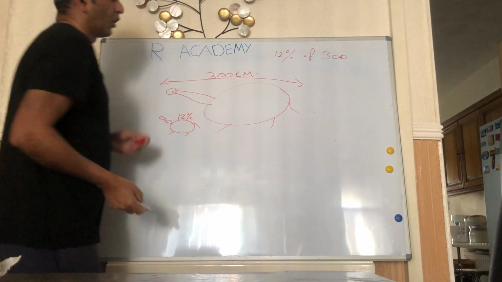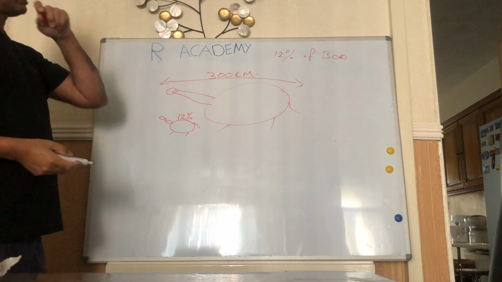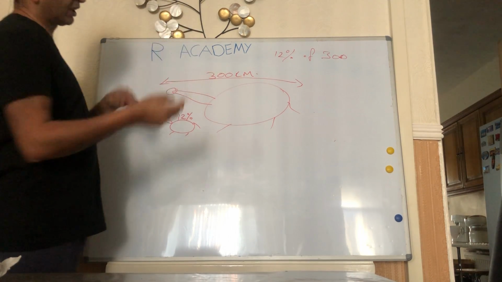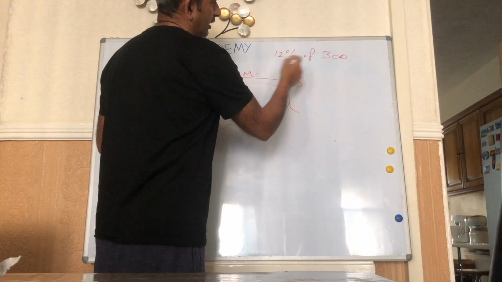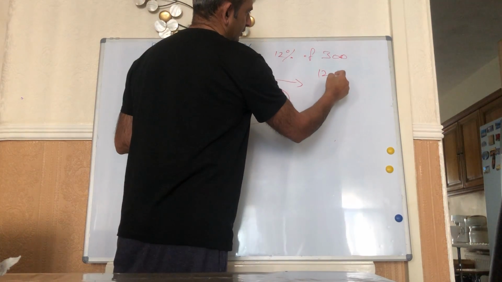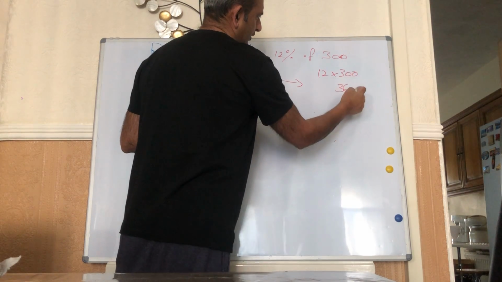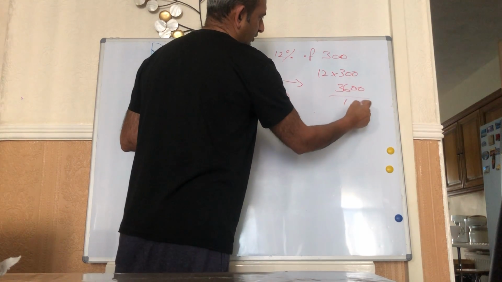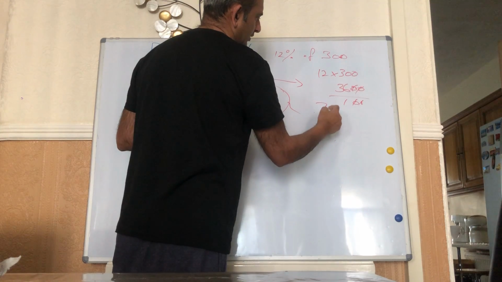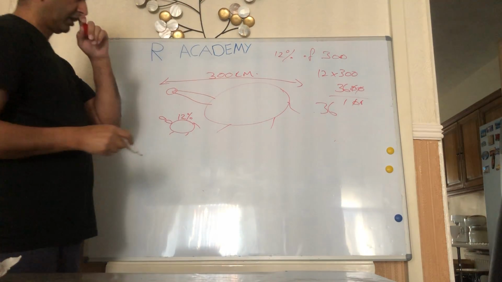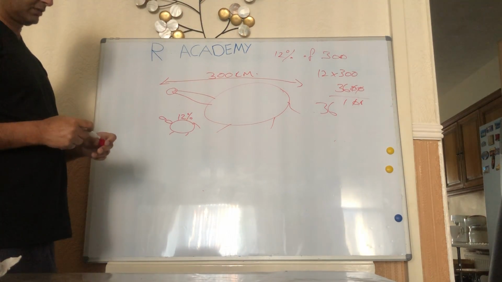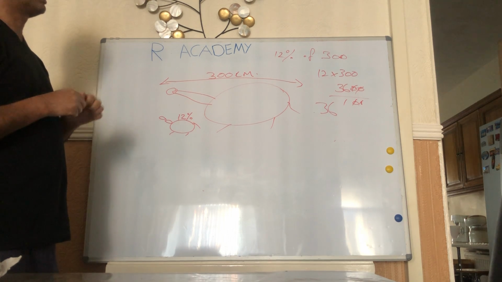We just did that. So the straightforward way of doing it would be 12 times 300, which is 3600 divided by 100 is 36. That's the forward way of doing it without going into simplicity.